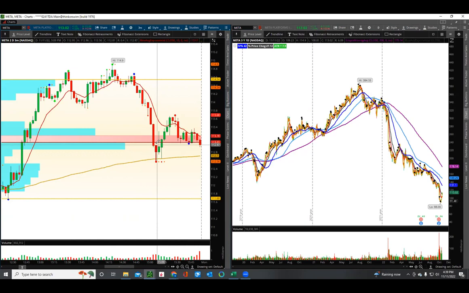The way I use them, the simple are typically on the higher time frames, the 50, the 100, 200. Then on the smaller time frames, the 10 to 20, I use the exponential. They are more reactive, and that's really the main difference between the two: the exponential uses more recent data as opposed to taking the data over a longer period of time.